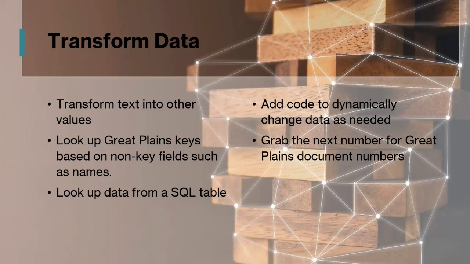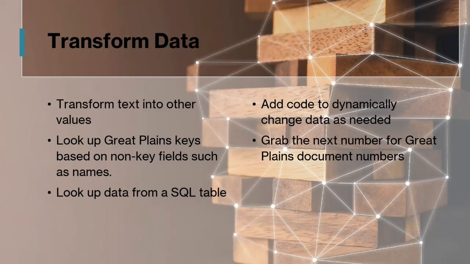You can tell the system to grab the next number for a Great Plains document number, like your next invoice number. You can set it up so that it creates your next customer number, or add some code to combine that with generating a customer number that doesn't auto increment.